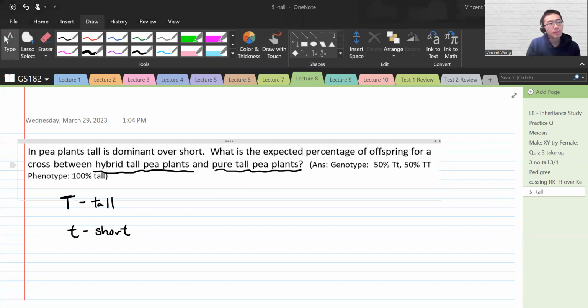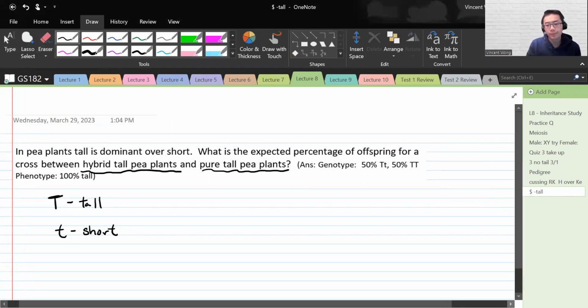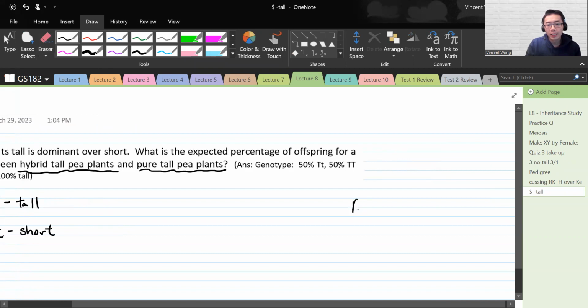Okay, someone asked me to explain dominant and recessive again. Sure. So alleles are different versions of a gene. Eye color, for example: there are brown eyes, and then we have blue eyes.